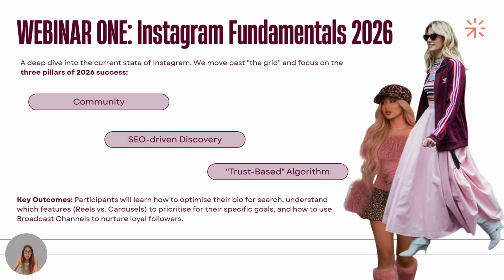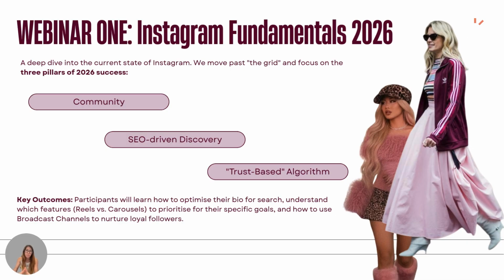The changes that exist within Instagram at the moment mean that it is very much driven by search engine optimization. So hashtags are pretty much becoming redundant. We can still use them, and I'll explain a little more on that later. However, the words that you use in your caption, but also in your profile, are really key to how people are going to find you.